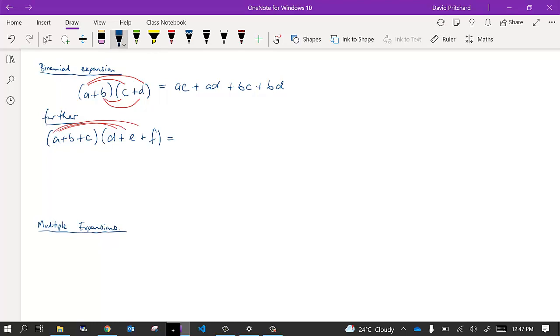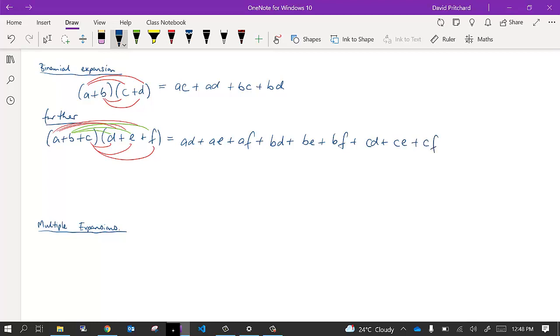So we've got AD plus AE plus AF, also that B is multiplied by each of those values, and that gives us BD plus BE plus BF, and also that C is multiplied by each of those values, and that gives us CD plus CE plus CF.